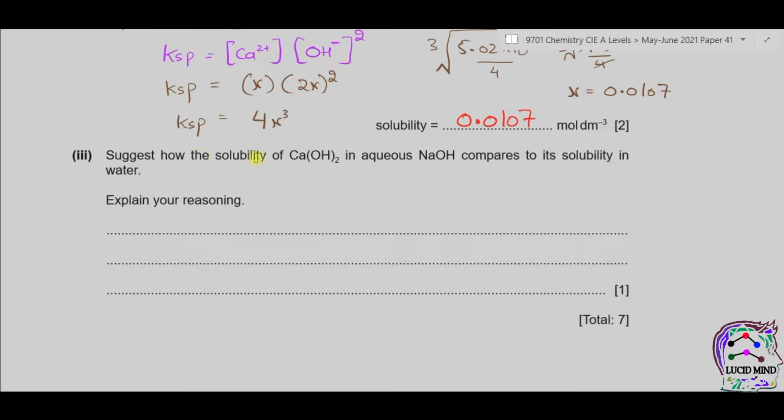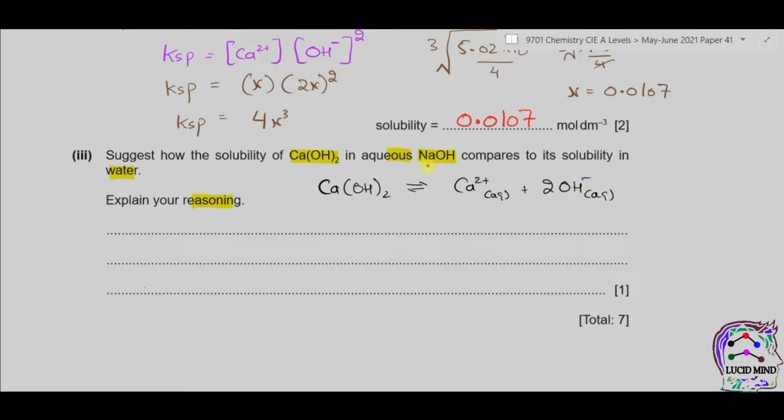Part 3 asks how the solubility of calcium hydroxide in aqueous sodium hydroxide compares to its solubility in water. Explain your reasoning. We have already studied the equation in water. Calcium hydroxide dissociates to form calcium 2+ aqueous and hydroxide ions.